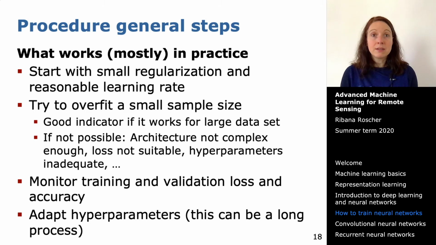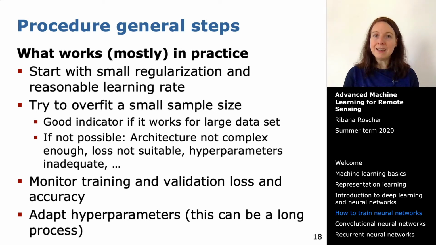A very good suggestion when you start and you have no idea about the behavior of your data: try first to take a small subset of the data and try to overfit the network. Because if you are not able to overfit your network with a small amount of data, it will not work with a lot of data.